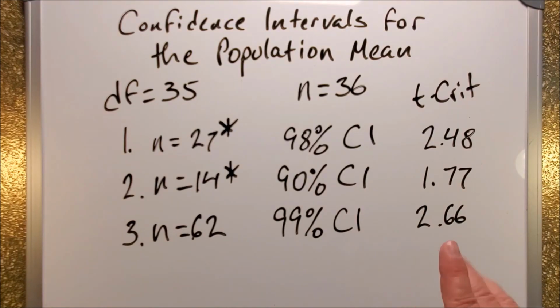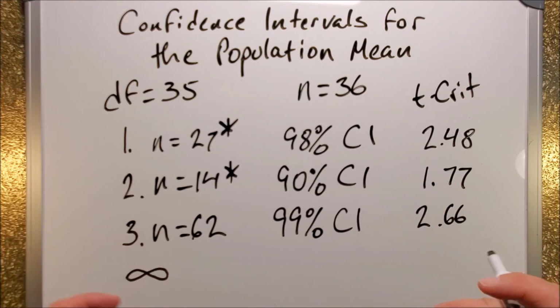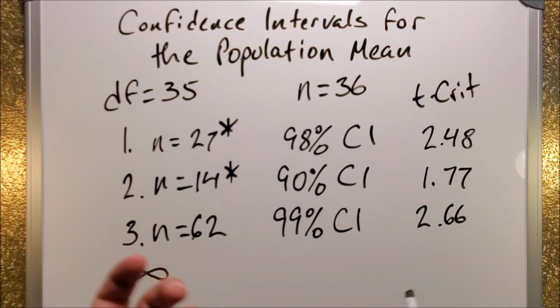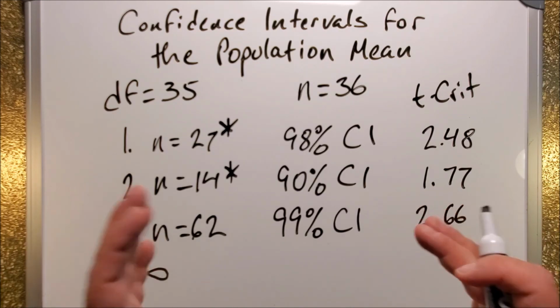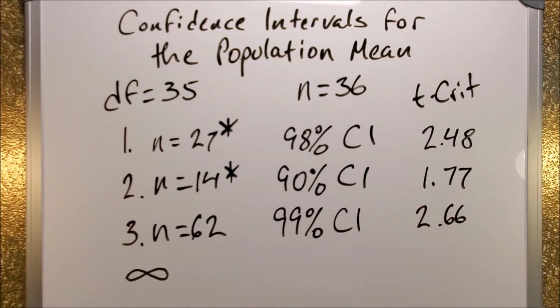The last thing that you probably noticed, if you read the table and you go all the way down for degrees of freedom, is that there's an infinity row. Take a look at that infinity row. As your sample size increases, so that your sample size is so big that it's infinity, or certainly a very large number, if your sample size is in the thousands, this would apply pretty much also in a day-to-day, real-life, functional way.